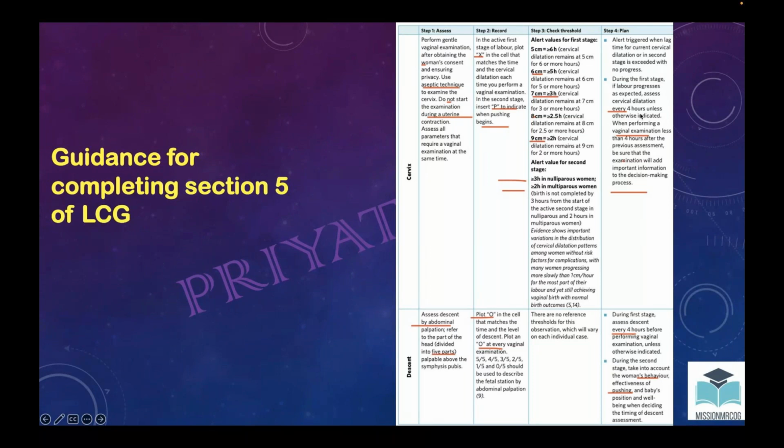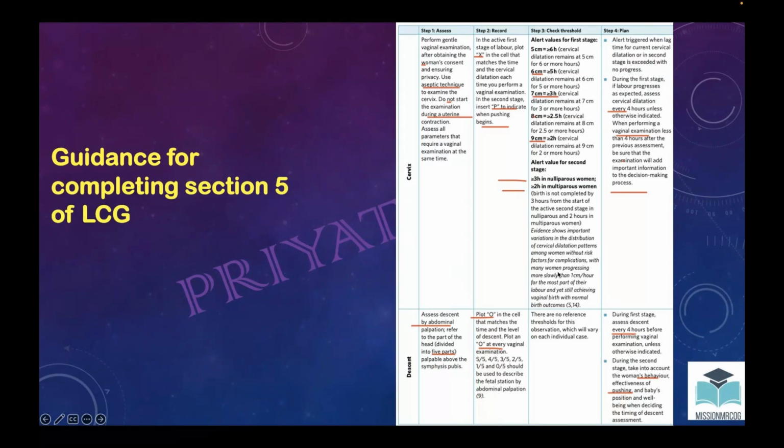But sometimes it is possible that PV has to be done earlier than 4 hours, but the reason has to be specified, and PV earlier than 4 hours is to be done if it is sure that the examination will add important information in decision making. So this is also important to know. So these are the thresholds for cervical dilatation for the first stage of labor and for the second stage of labor.